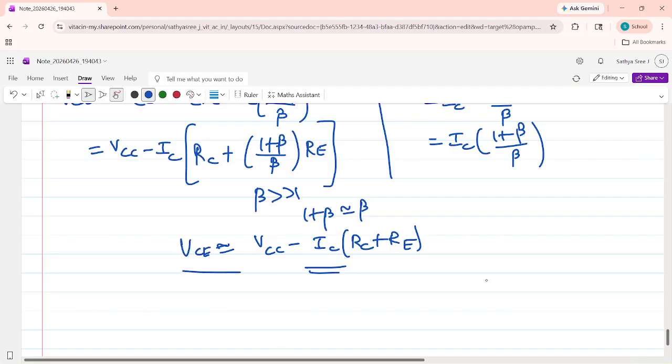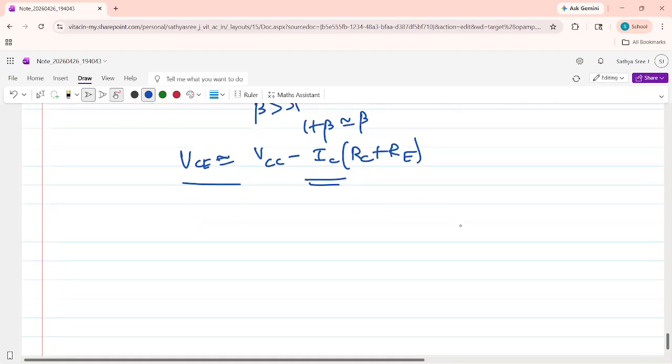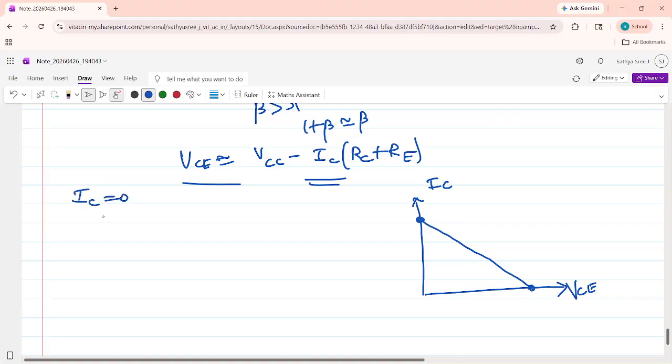So to draw the load line, this is VCE and this is IC. First you have to calculate the endpoints here and here. To calculate this point on the x-axis, we have to make IC equal to 0. If you make IC 0, VCE equal to VCC.